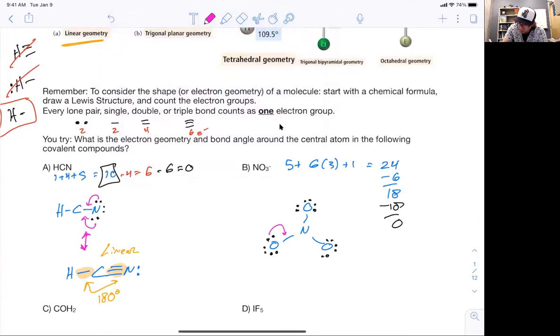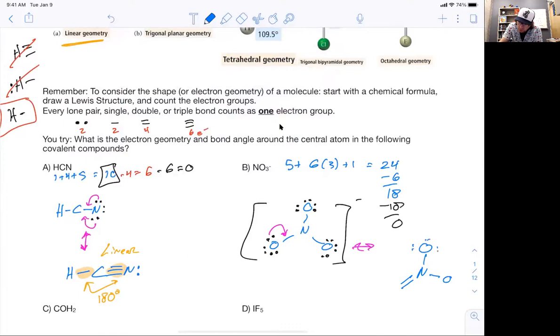Notice I'm using that double-headed arrow, a resonance arrow, to show those electrons moving. And you might remember that we also need to put this polyatomic ion in square brackets with a minus charge here. So now the best Lewis structure for the nitrate polyatomic ion.